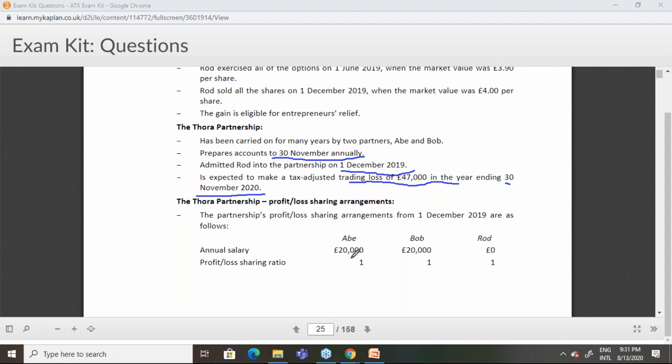They share the losses equally. Now, here you have been given the tax-adjusted trading loss not for each partner but for the whole partnership. What we need to find out is the loss attributable to Rod, who joined on the 1st of December 2019, and that depends on the partnership agreement.